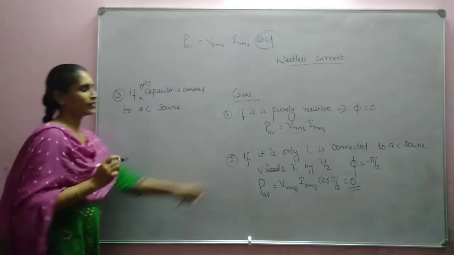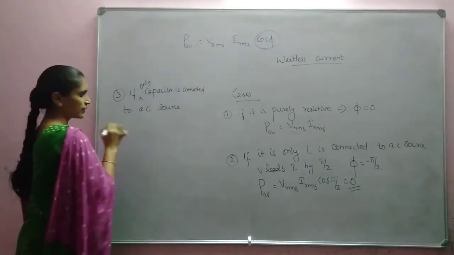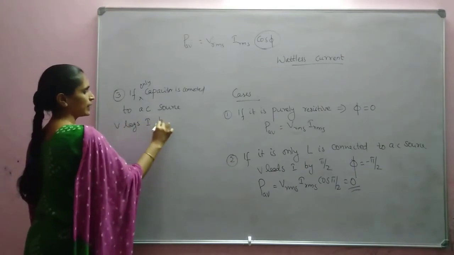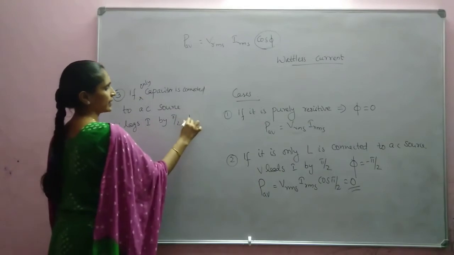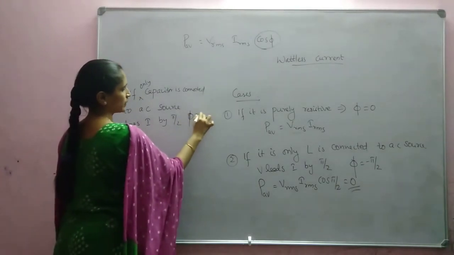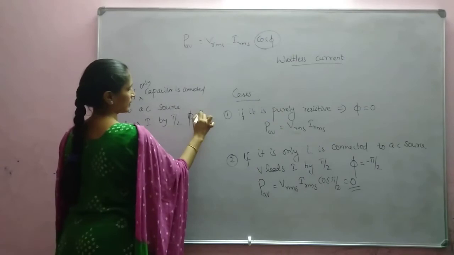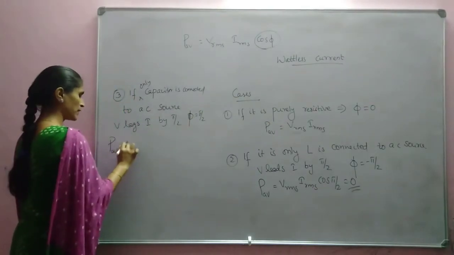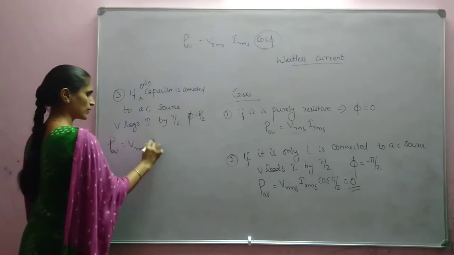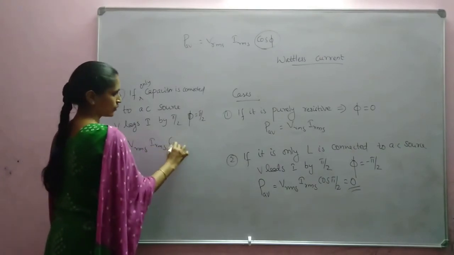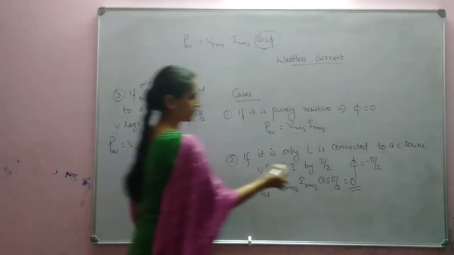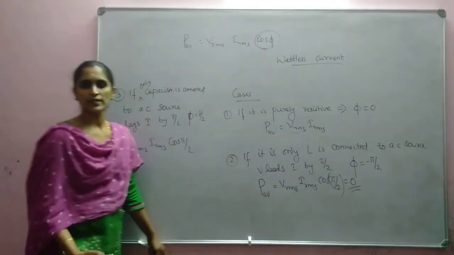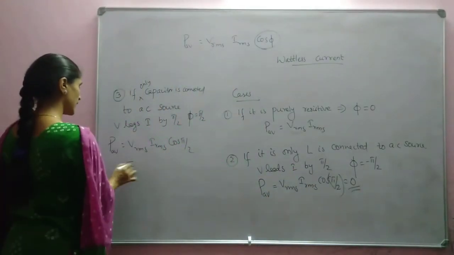Here current leads voltage by pi by 2, so voltage lags current by pi by 2. So here we can write phi is equal to plus pi by 2. So the expression for average power is given by Vrms into Irms into cos pi by 2. Here it is cos of minus pi by 2. Even though cos of minus theta is cos theta, it will be 0 only. So here also we will get it as 0.